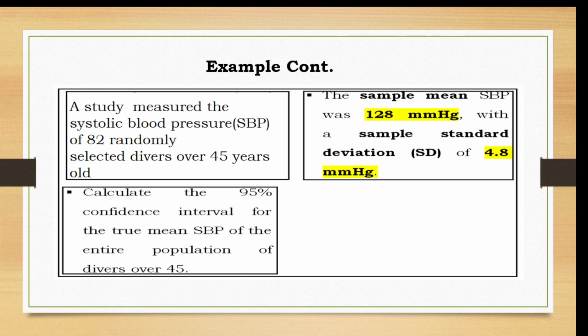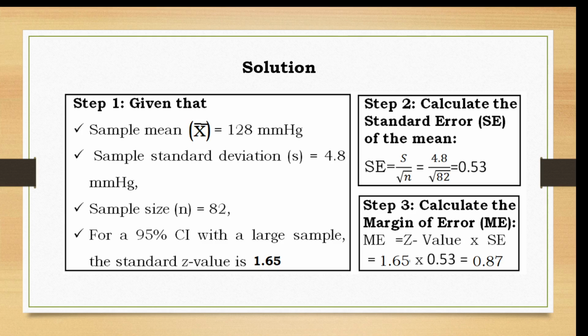Calculate the 95% confidence interval for the true mean systolic blood pressure of the entire population of divers who are over 45 years. The sample mean was 128 millimeters of mercury with a standard deviation of 4.8 millimeters of mercury. Solution.